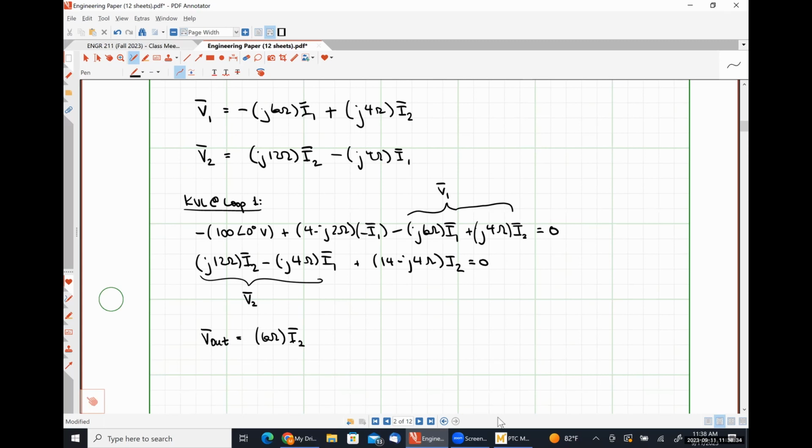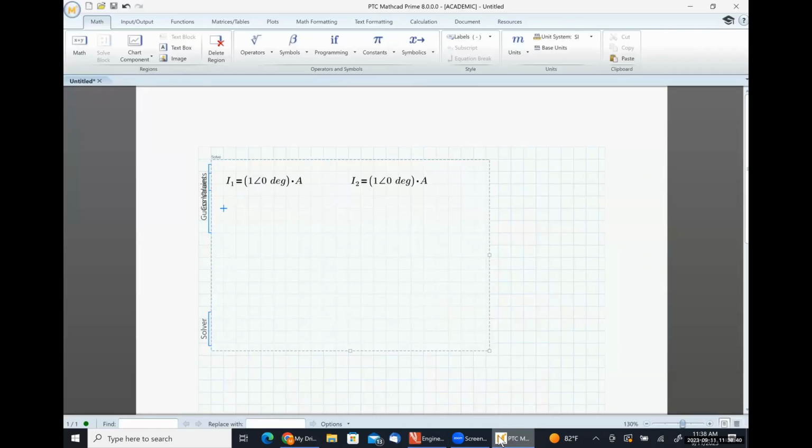All right, so my first constraint equation is negative 100 angle 0 degree volts plus, what was that impedance? 4 minus J2 ohms.